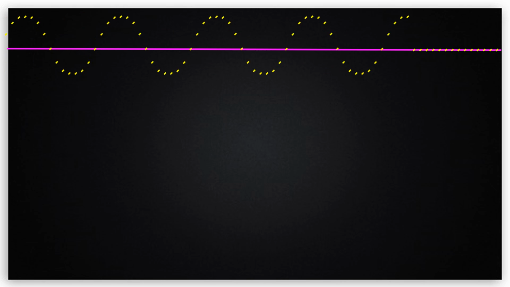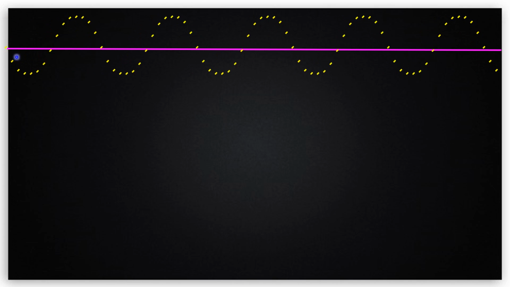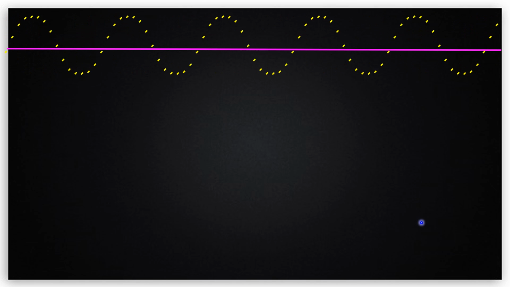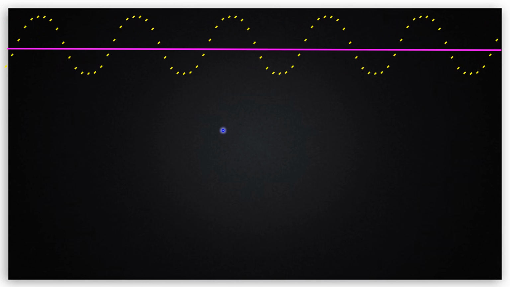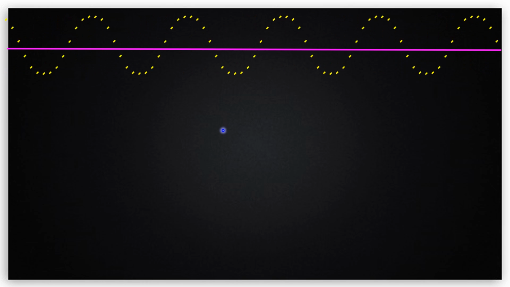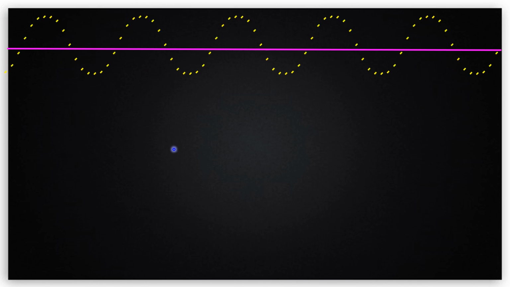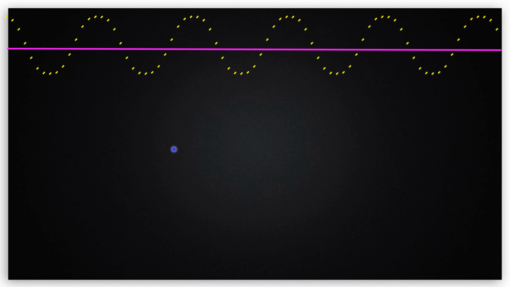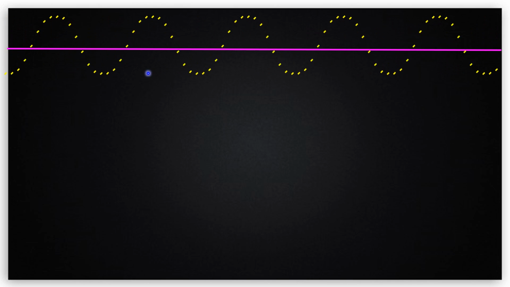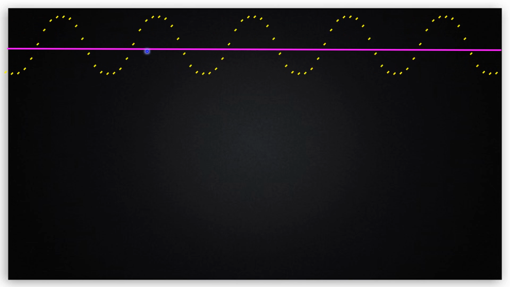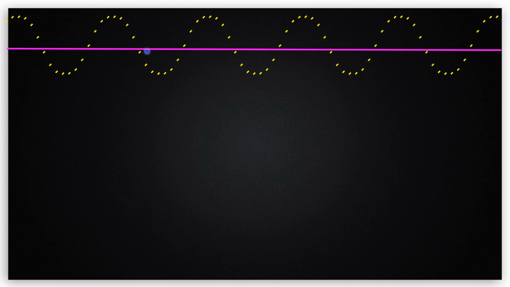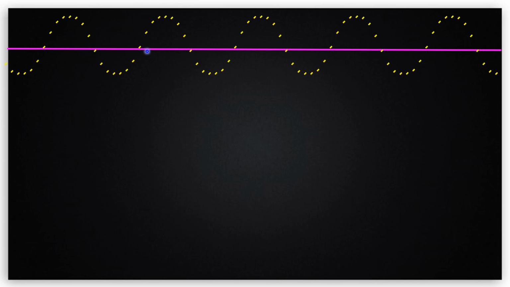Now I will tell you what frequency is. You see here, this is a wave. Then what is frequency? This wave is moving like this. The number of waves crossing any point in 1 second is called the frequency of the wave. Suppose I count how many waves are crossing this point in 1 second.